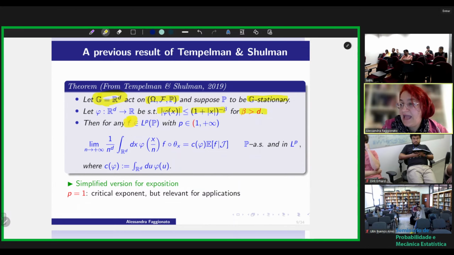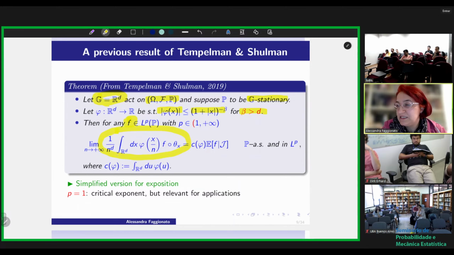For any function f which is in L^p, with p a number strictly larger than 1, we have that this average, 1 over n^d, is a generalized average, so I use the term average in a more relaxed way, not referring to something normalized to 1.